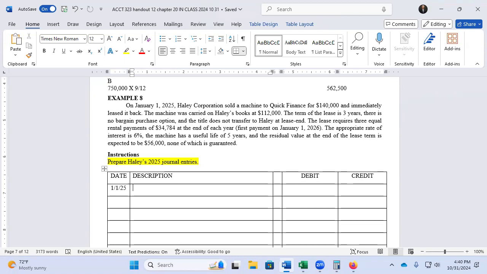So the first thing that we've got to do is we've got to record the sale. And you have to kind of make sure the terms are all good. It does look like the machine does not come back to Haley at the lease end. So this does look like it's a legitimate sale, and then a lease back, which is acceptable within accounting rules.